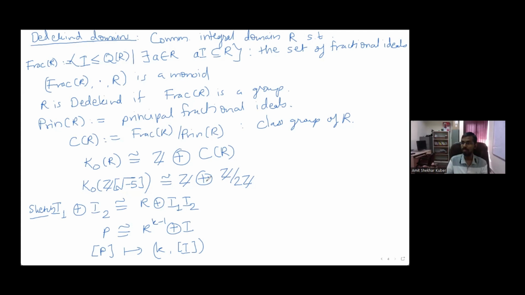The rank of this P is defined using localization: you localize at the fraction field, take the tensor product, and take the dimension over the field. That number is part of this isomorphism. You are simply mapping it to a number and an element of the class group. This is the connection between algebraic number theory and K theory.